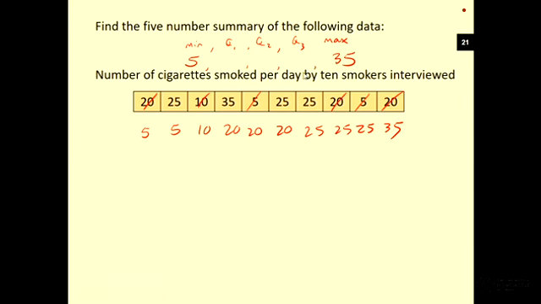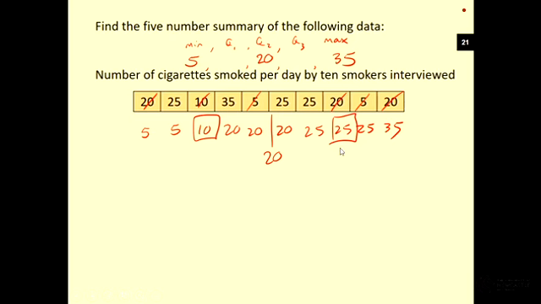Where's my middle point? It's going to be my Q2 spot. I've got 1, 2, 3, 4, 5, 6, 7, 8, 9, 10. 5 on either side, that's my middle spot. What's the average of 20 and 20? 20. So my Q2 is 20. And then if I halve either side of that line, I've got a halfway mark there and a halfway mark there. Perfect.